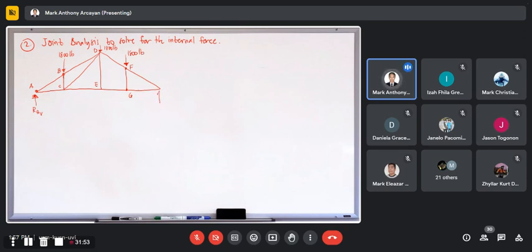Then the reaction at pin H is RH vertical, with a value of 2,700 pounds. The height of this flat roof truss is 12 feet.